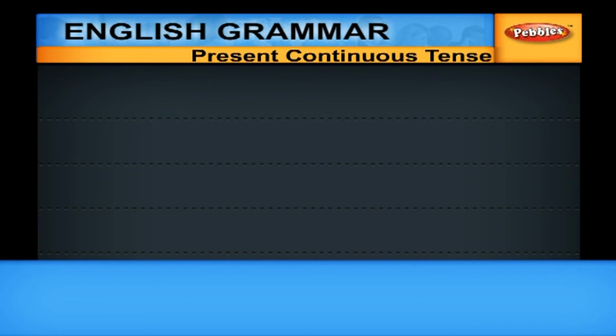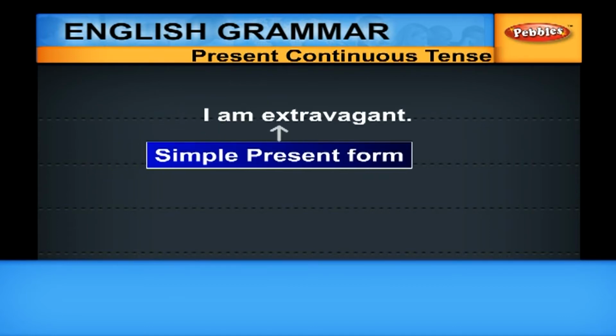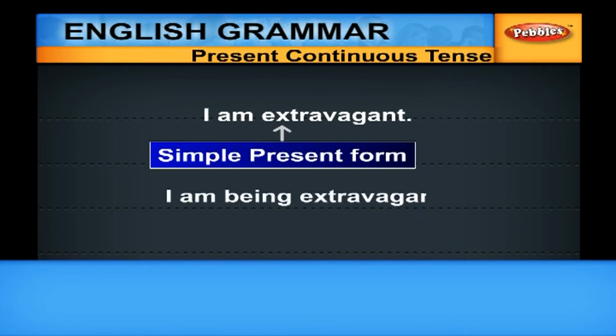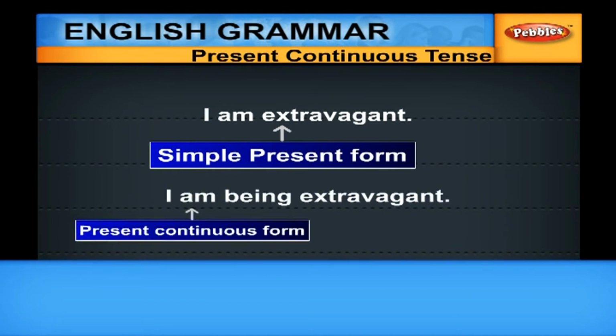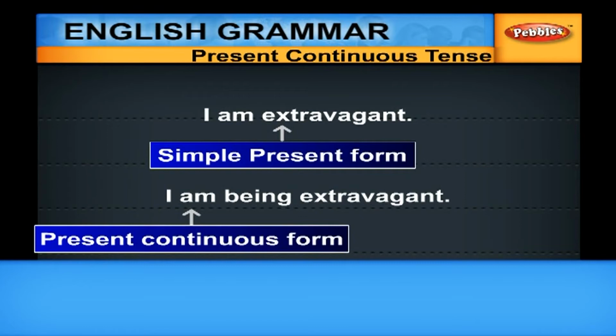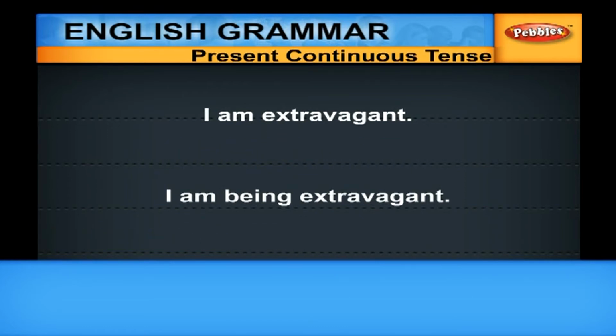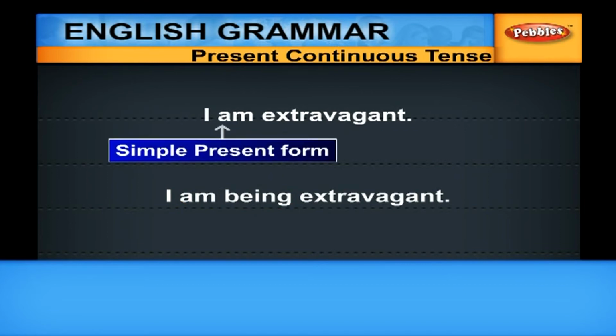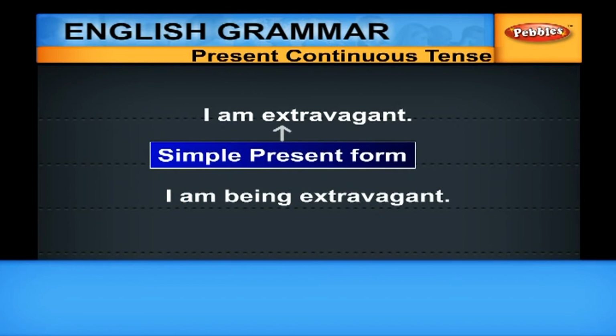What is the difference between these two sentences? I am extravagant. It is in simple present form. I am being extravagant. It is in present continuous. Note here, we are using the verb being as the main verb and am is the helping verb. The first one is in the simple aspect. It refers to my habit.